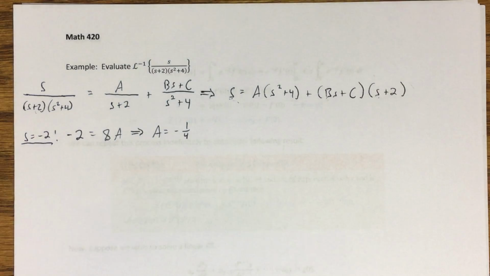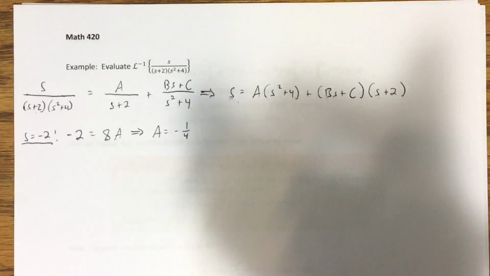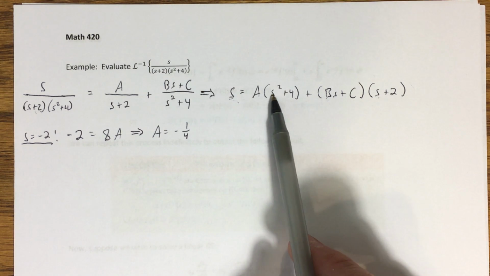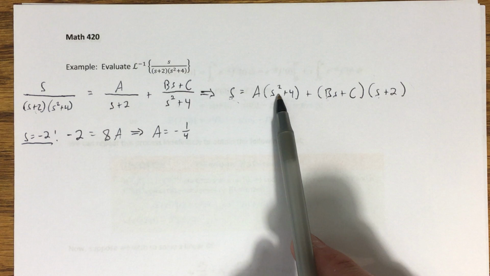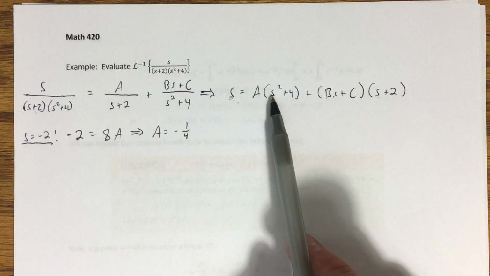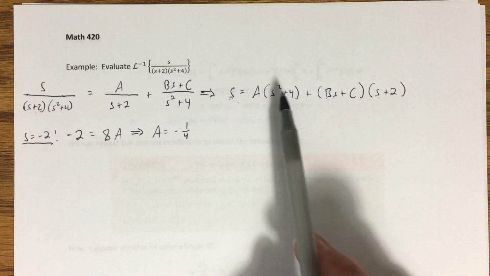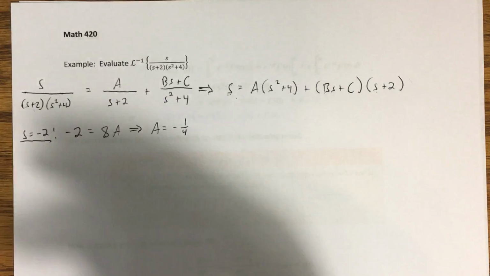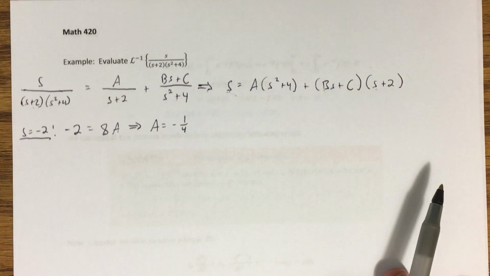Okay? Now, if I wanted to do something similar to eliminate this A here, then I would need to plug something in that would cause this to become 0, but no real number can do that, because anything I plug in for s, if it's a real number, will make a non-negative number here. Plus 4 is going to be positive, not 0. But you can do this with complex numbers as well.